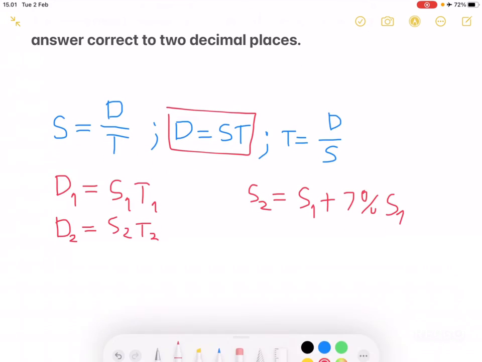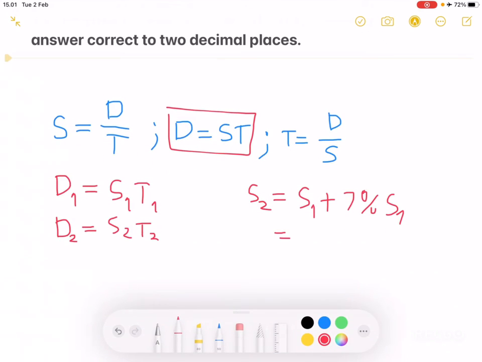And then you can just express this as a percentage of this. So we can just imagine s1 as 100% times s1. Notice that 100% is this one, so I did not change any values of this equation. So noticing that we can just factor an s1 out of here to get something like this, 107% multiplied by s1.